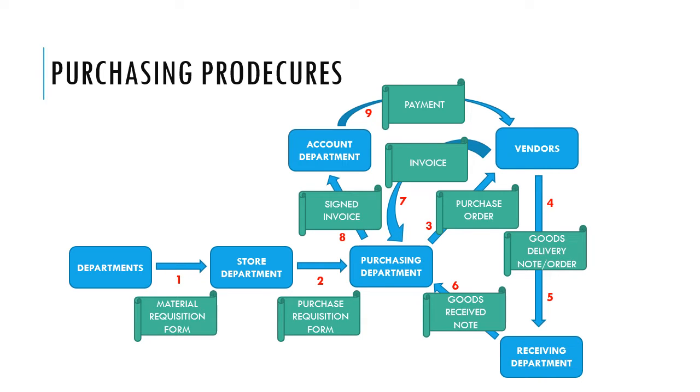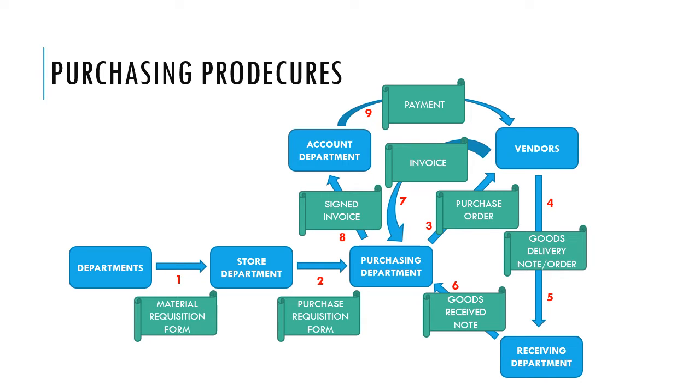So the storekeeper will need to fill in purchase requisition form to be sent to purchasing department. So purchase requisition form is the documentation of intent to purchase that purchasing department receive, and then they would know that storekeeper says that material A is already unavailable in the store.